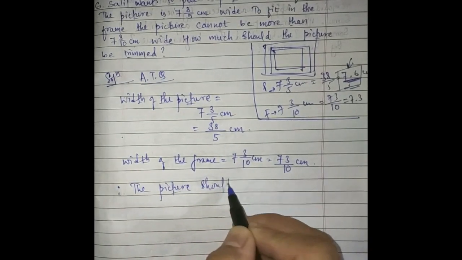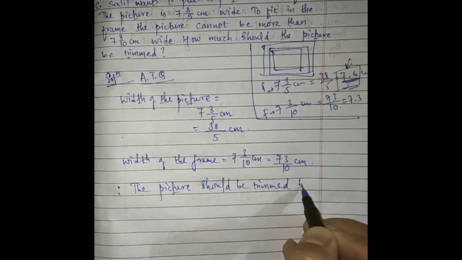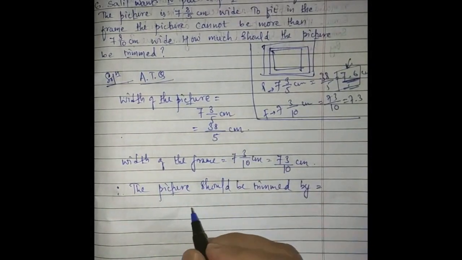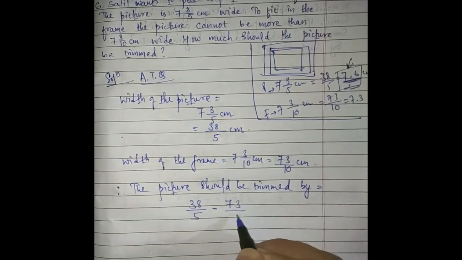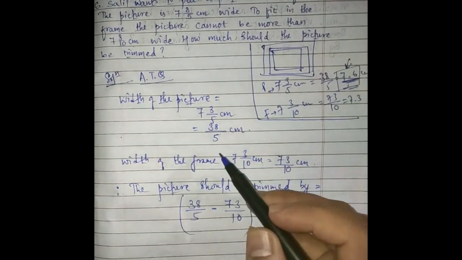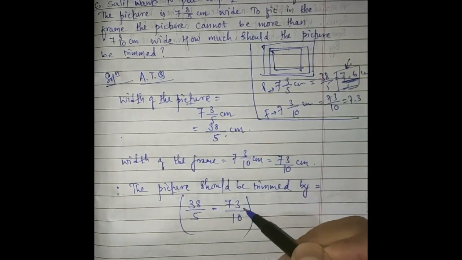should be trimmed by this minus this, you'll get the answer. 38 by 5 minus 73 by 10. So obviously what we have to do, we have to take the greater number first and then subtract the lower number from it.